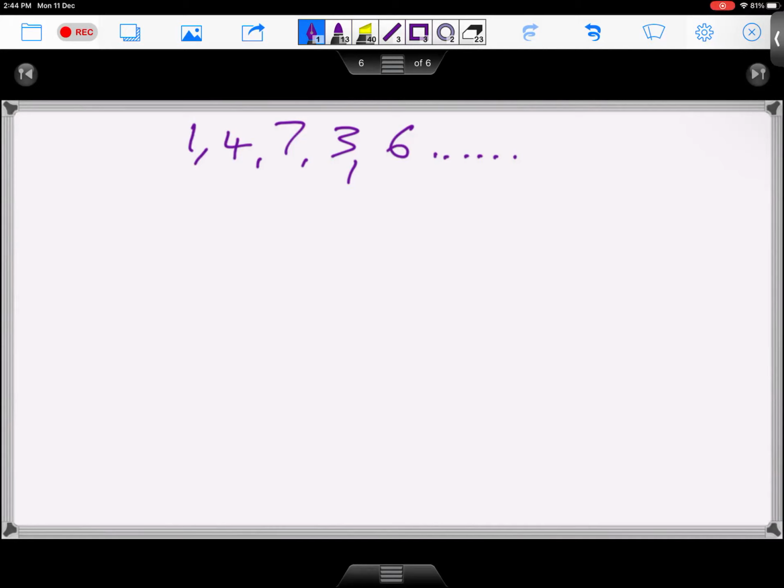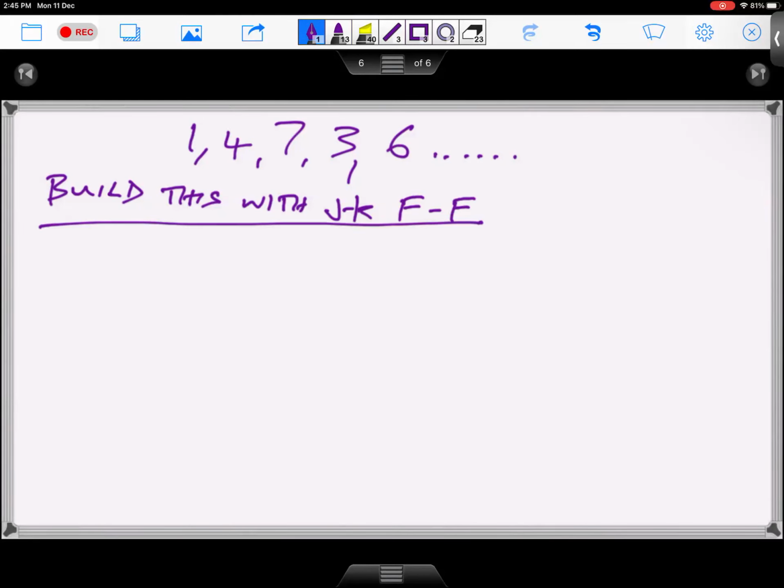Repeating sequence. We wish to build this with JK flip-flops. Well, you don't have to go to all that trouble.